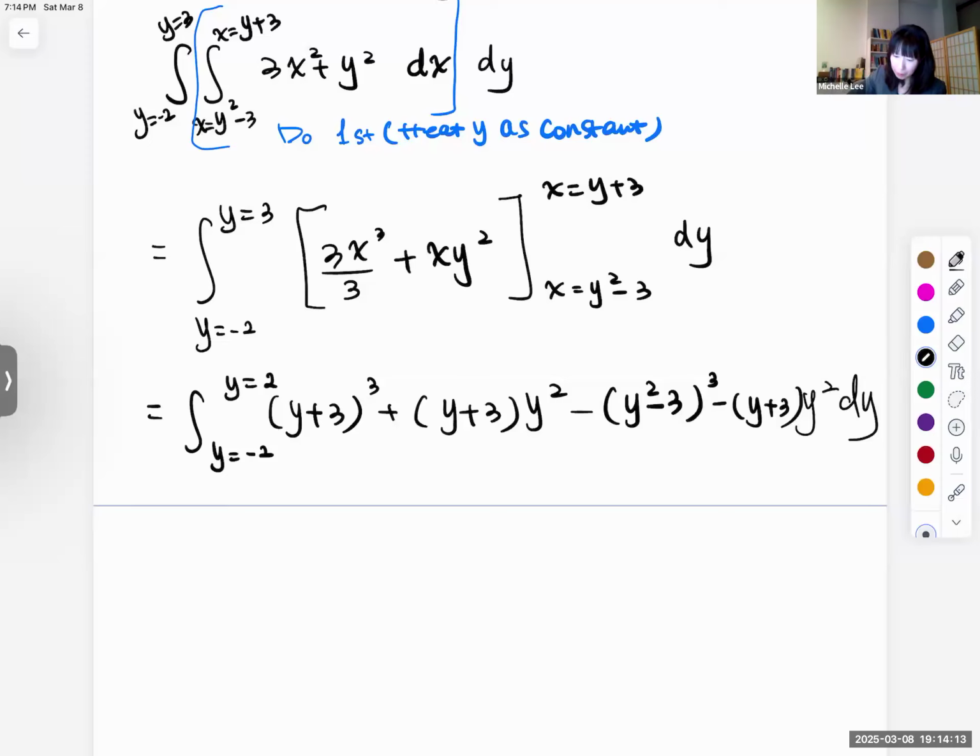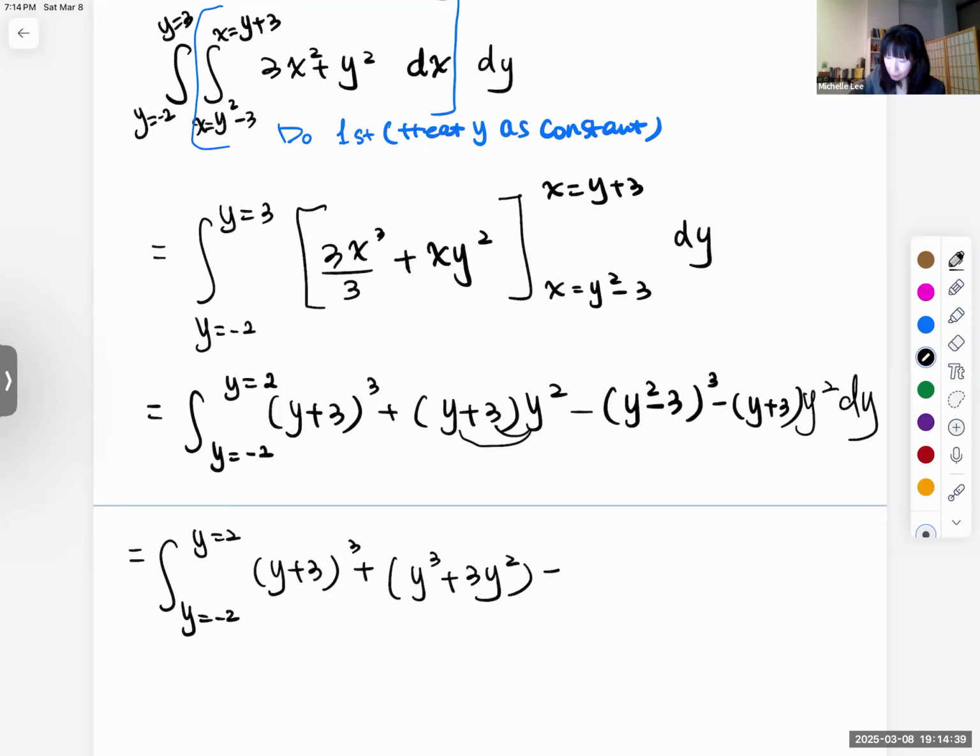So let's just simplify it. We have y equal to -2, y equal to 2. This one, let's just leave like this. We can integrate easily later. So (y plus 3) to the third power. Let's distribute. So we have y to the third power plus 3y squared minus this one.